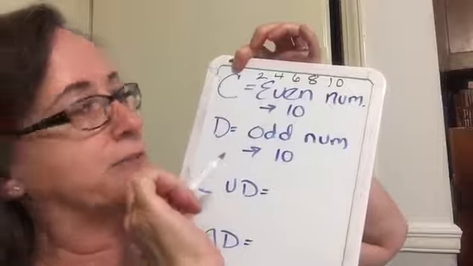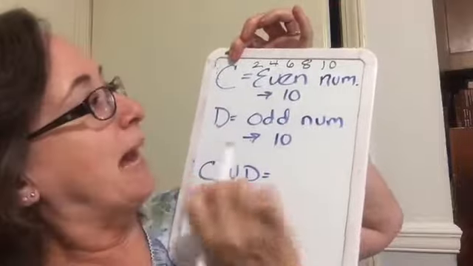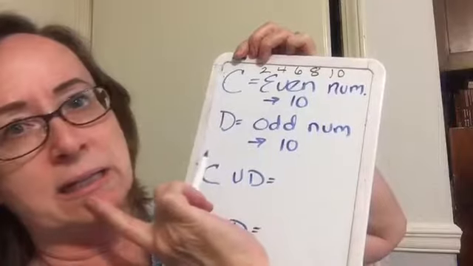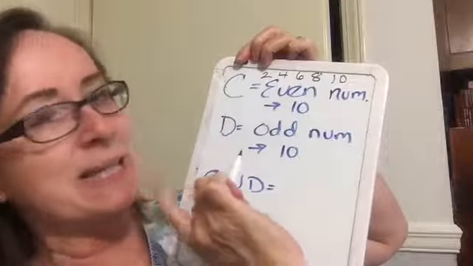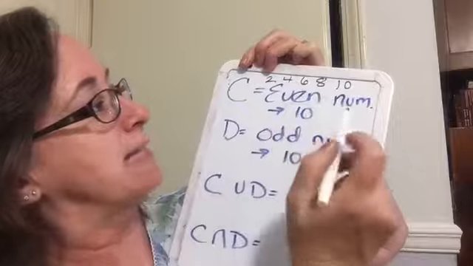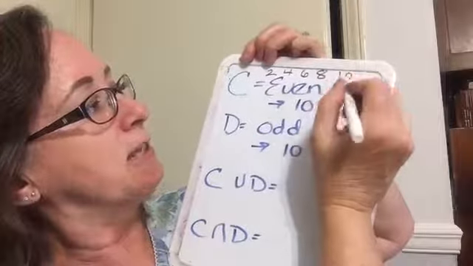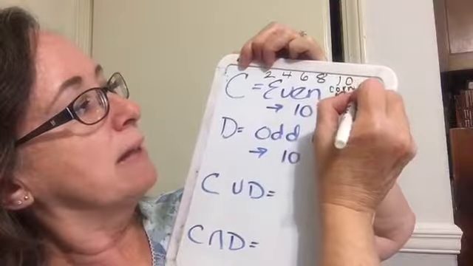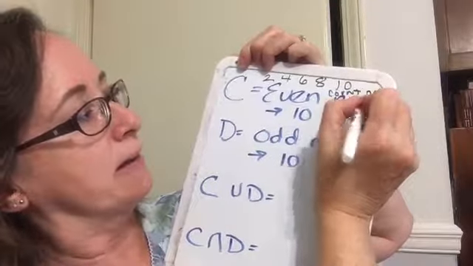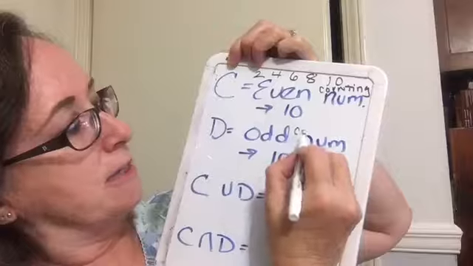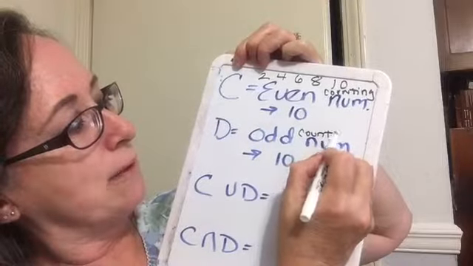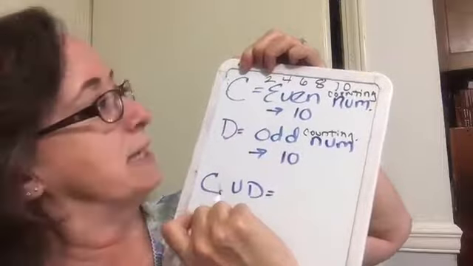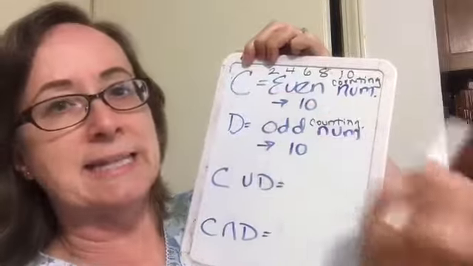Oh, I need to be careful because I didn't say even whole or even anything. Let's clarify this. Even natural numbers, so even counting numbers. Let's stick a little counting on there. That will clarify what I'm talking about. Even counting numbers to 10.